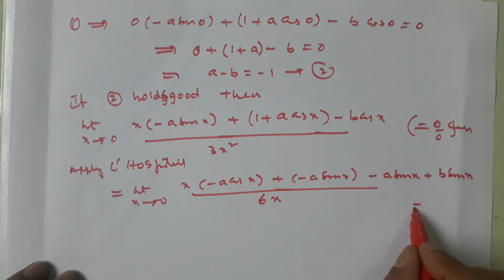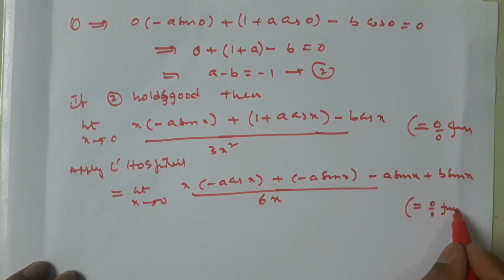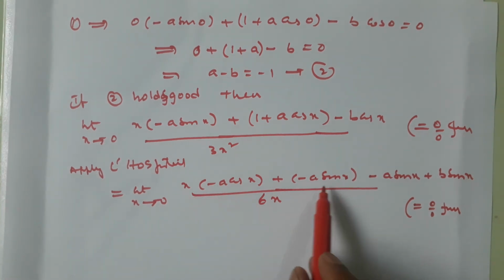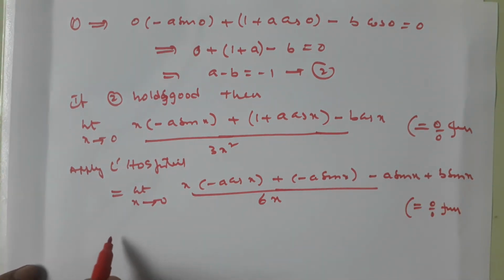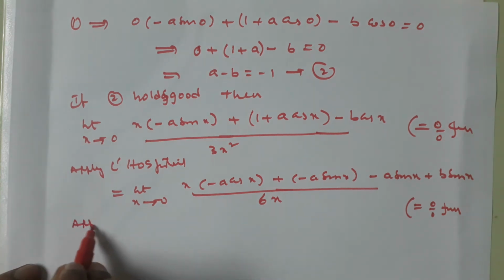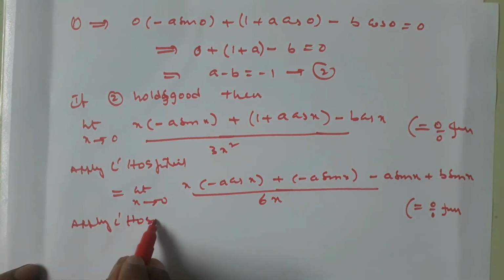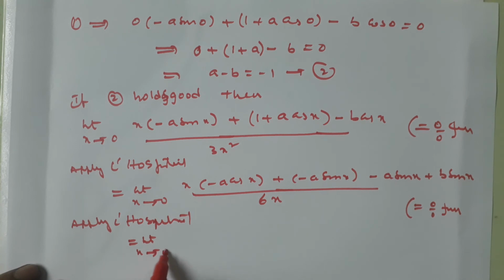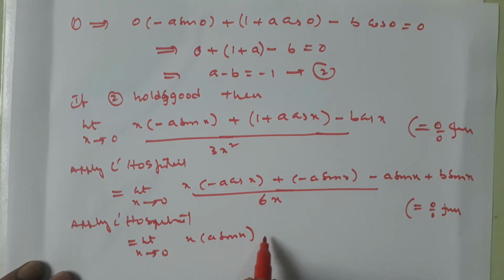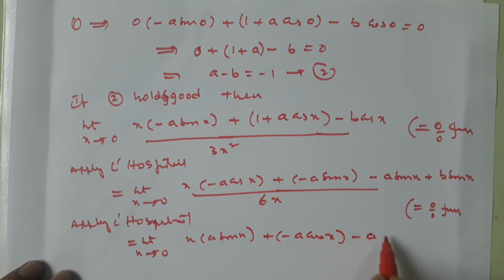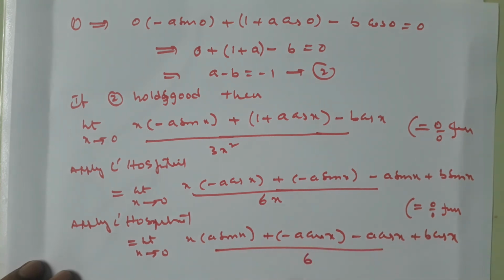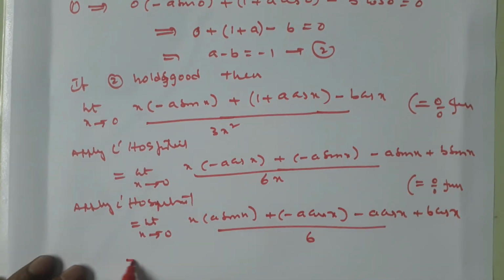Again it is 0 by 0 form, because this is 0, this is 0, this also will be 0, and the denominator also 0. So apply L'Hospital: limit x tends to 0, x into a sin x plus minus a cos x plus b cos x, whole divided by 6.